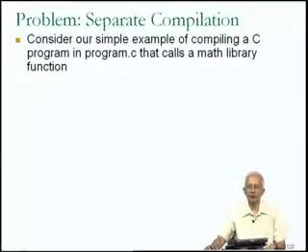Now, separate compilation is the idea that the program which you are compiling may generate a .o file as a result of the compilation, which has to be linked with other files such as a math library.